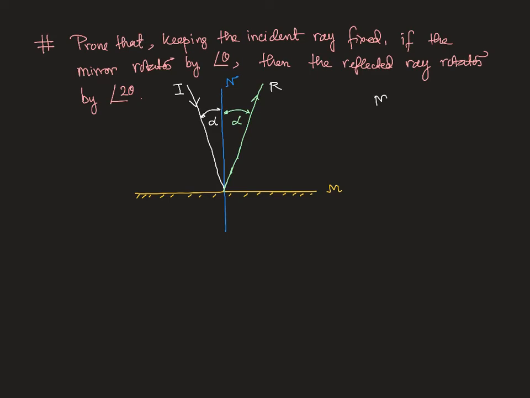So M for mirror initial position, and N for normal initial, R for reflected ray.